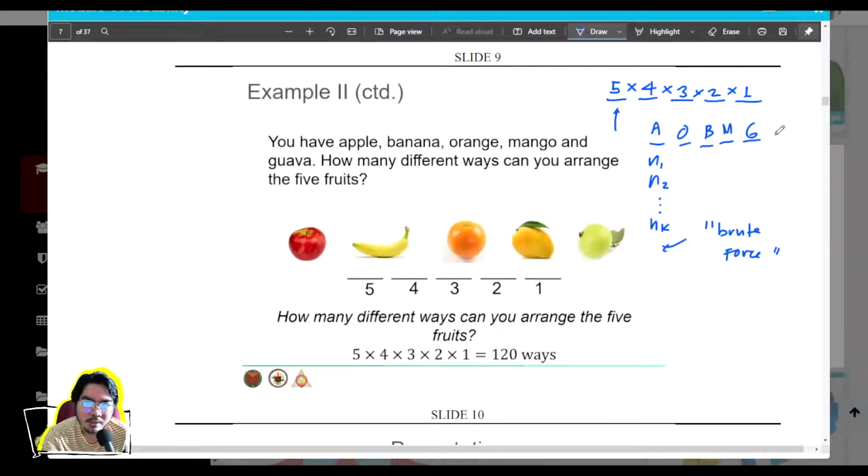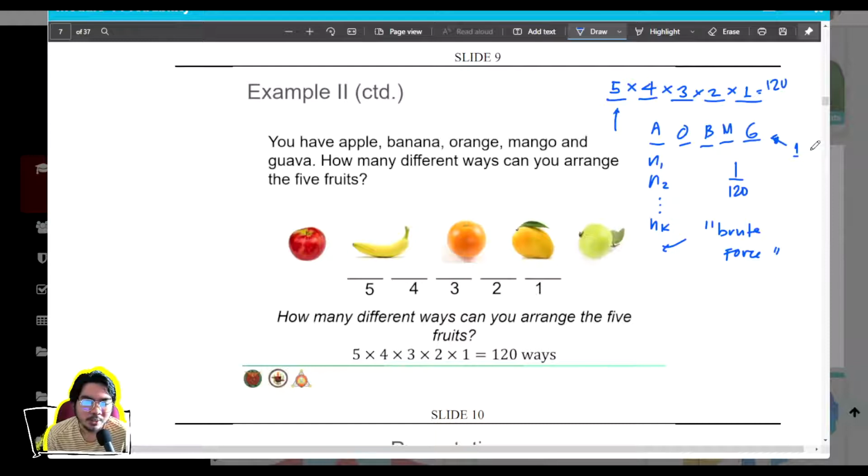So this is, di ba, there are 120 ways that we can do this. And this is just only one of those possible ways na magagawa ko to. Tama? So if that's the case, then the probability of achieving this type of pattern is just 1 over 120. Tama?